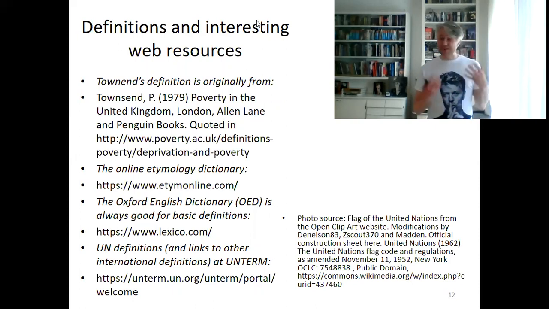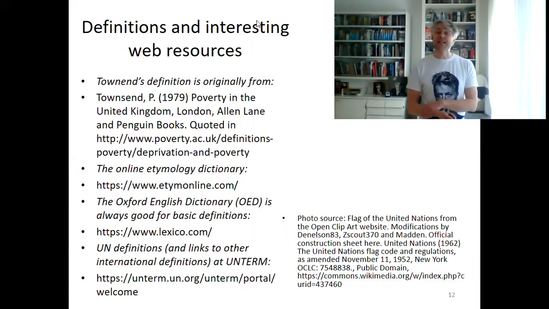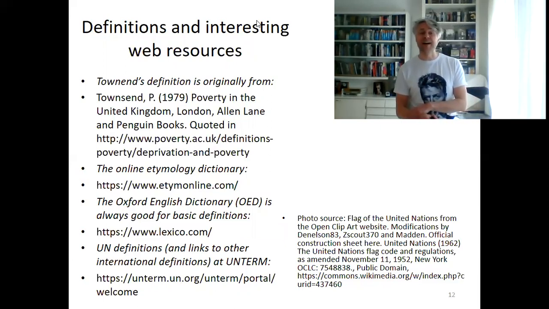My last words, please note the wonderful resources that we have to find definitions. A lovely thing to do is to look for classic definitions, well-cited definitions, even by people like Townsend's one here, or by organizations like the United Nations. I've also added here the online etymology dictionary website address, also the Oxford English Dictionary, which you can access online.